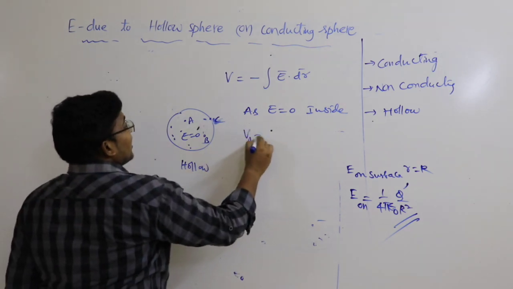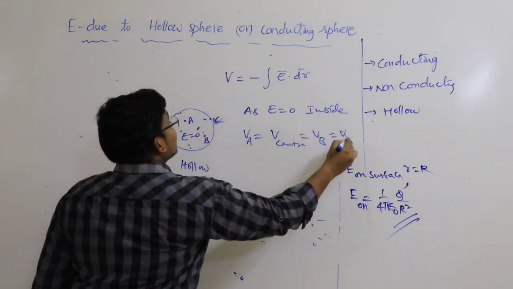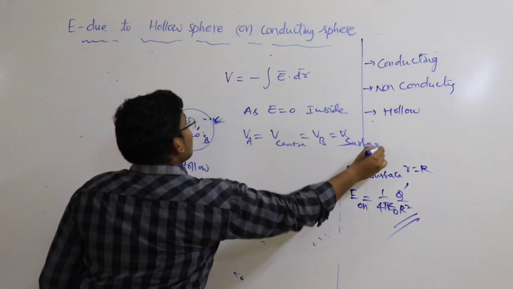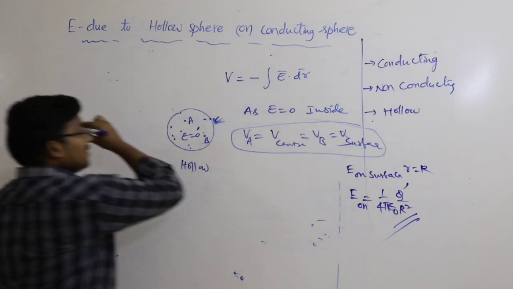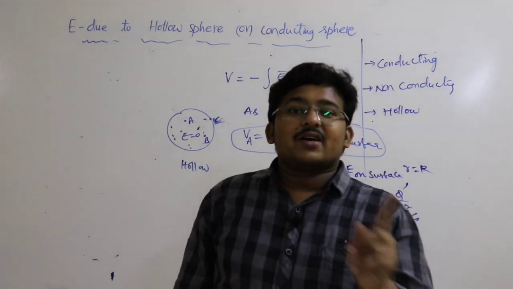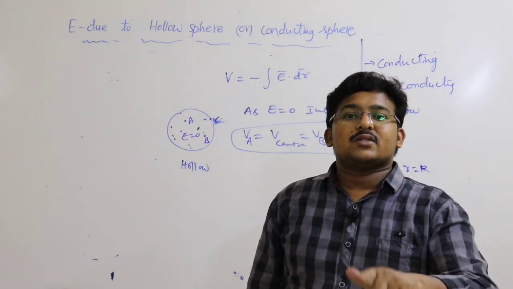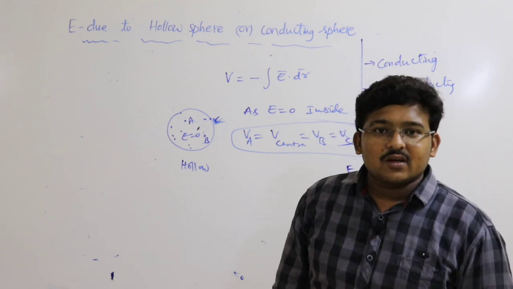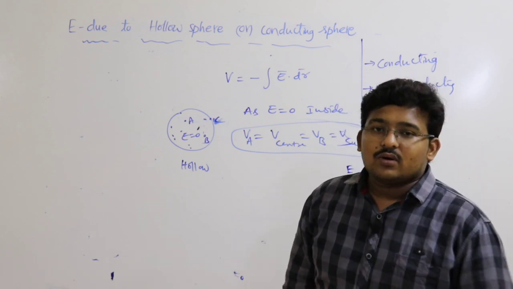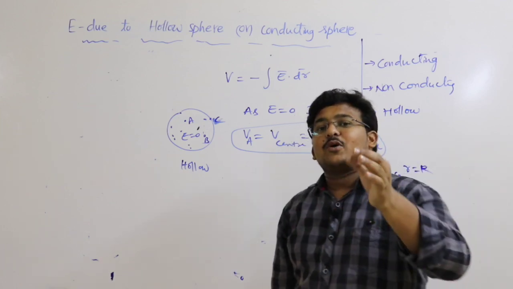So potential at A, at the center, at B, and on the surface must all be the same, because there is no potential difference. Only when potential difference is there is electric field generated. So electric field 0 means inside points and the surface have the same potential.